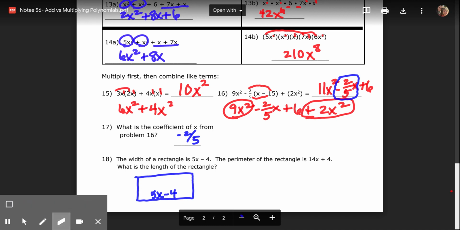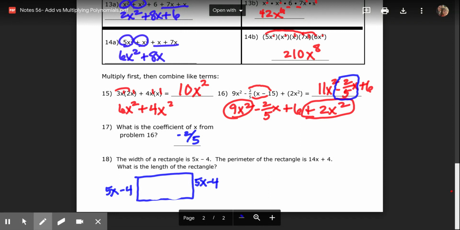I messed up. This is kind of what we call the length. Sorry about that. So here's the width, 5x minus 4. Okay, so we want to know what the length is going to be if the total distance around the outside is 14x plus 4.